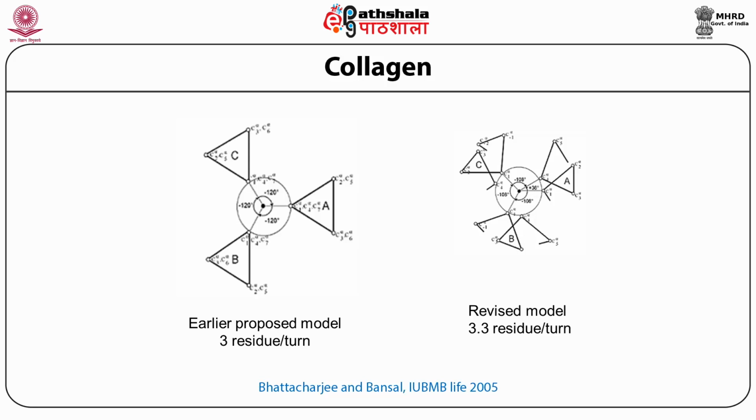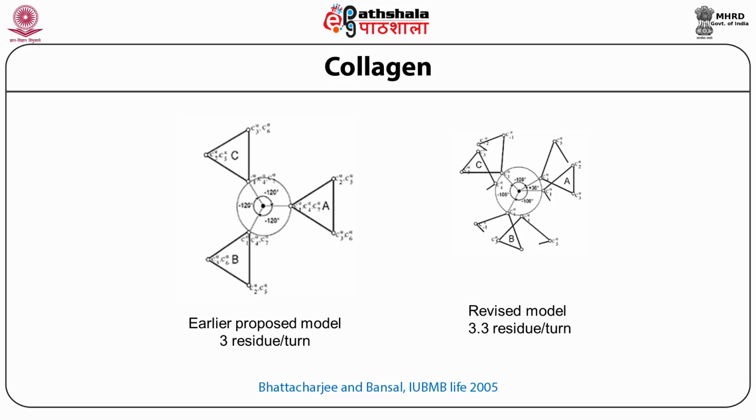So on the basis of diffraction data, Ramachandran initially proposed what I'm showing you on the left side. Later, several people, including Crick, proposed the model, and now the final accepted model is the right side, where it is actually 3.3 residues per turn. So every third amino acid doesn't come exactly at the center, because we have a supercoiled structure with a repetition of 100 angstroms.